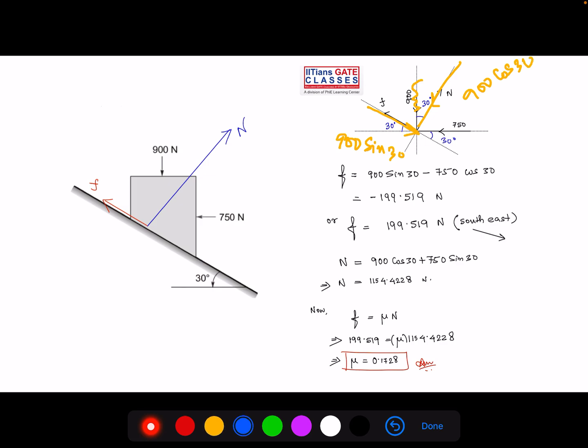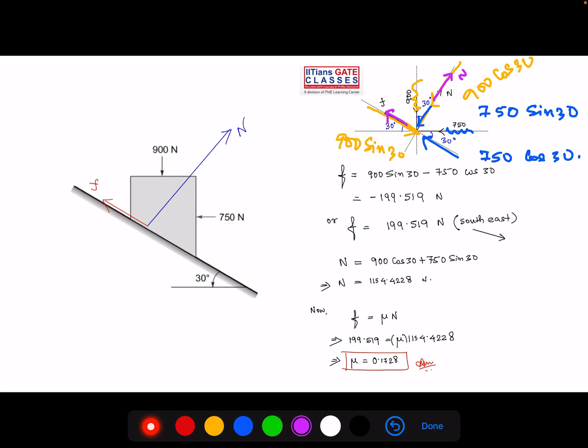Similarly, if you resolve the 750 force, one will be in this direction, 750 sine 30, and one will be in this direction, 750 cos 30, right? Apart from this, the friction force is definitely there in the upward direction, and the normal reaction in this direction, right?